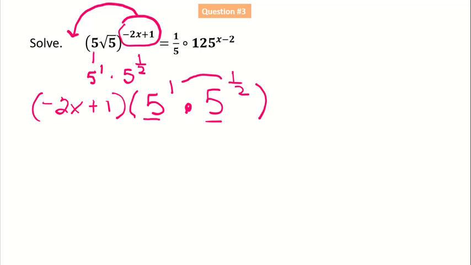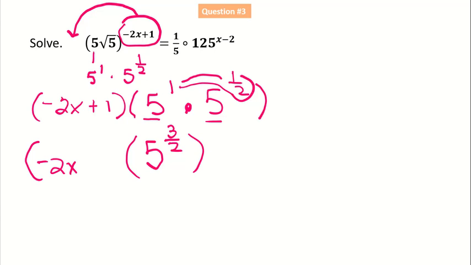So 1 plus 1/2 is 5 to the 1 1/2, or 1 times 2 is 2 plus 1, 5 to the 3/2. Take a minute and let that sink in. So we have 5 to the 3/2 times negative 2x plus 1.